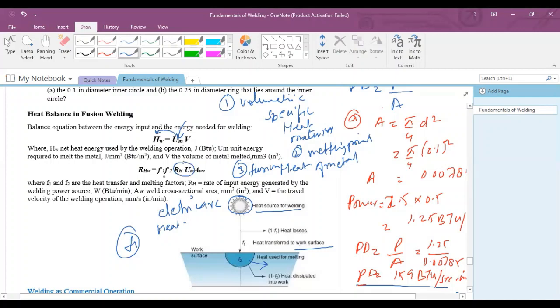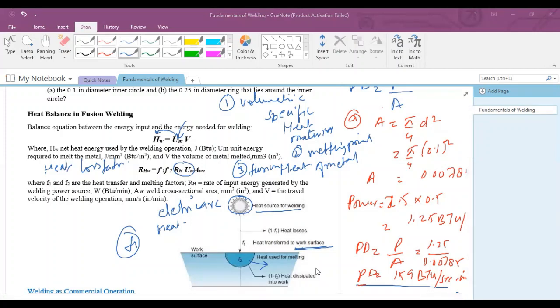F1 and F2 are both heat loss factors. One is the heat loss factor in transferring the heat to the workpiece. The other is the heat loss factor in melting the material.